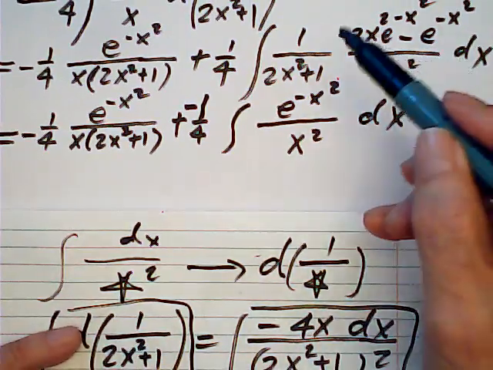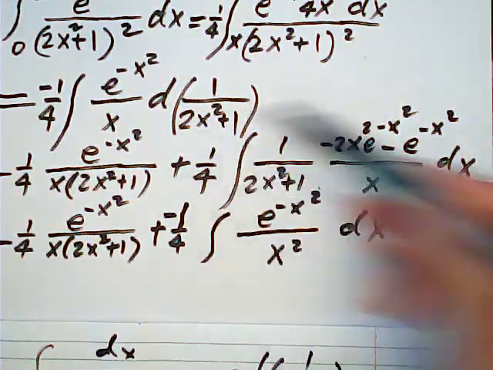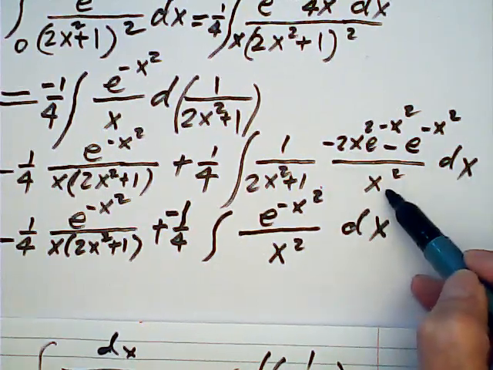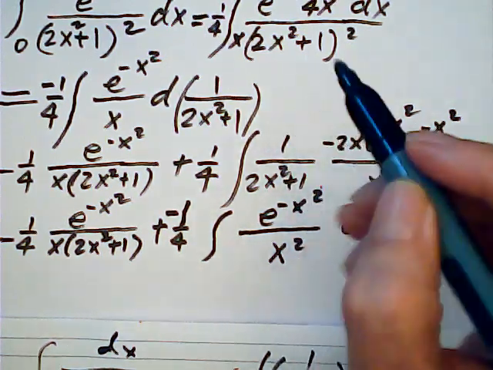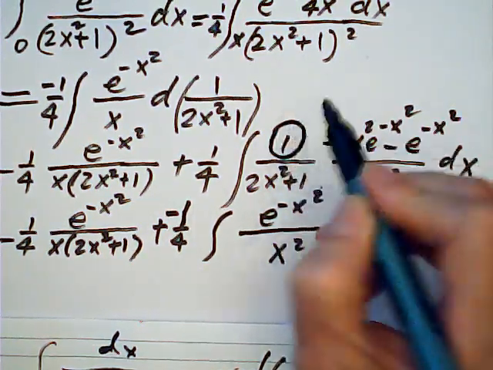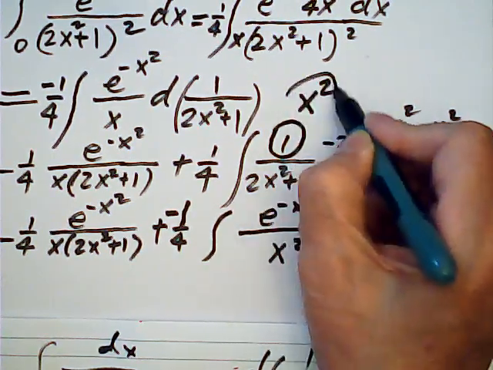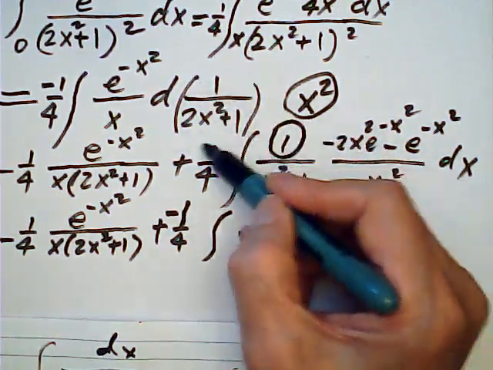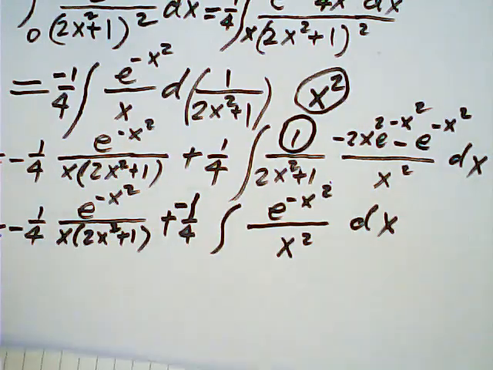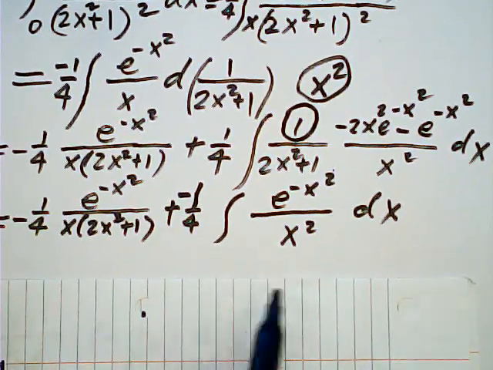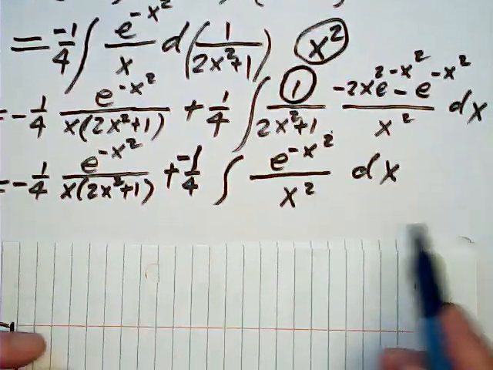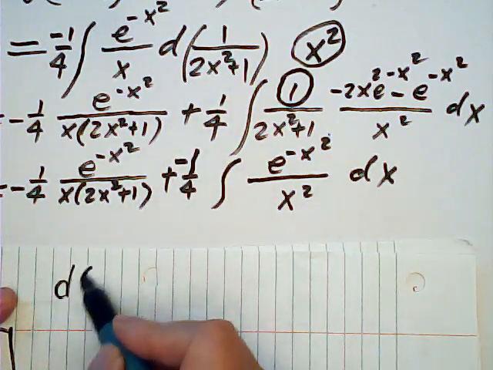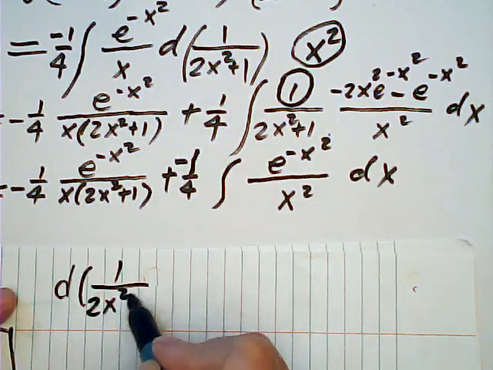Now, this is my v. This is my du. Now, du has x squared here. If I have x squared there, then the problem is solved. Do you understand? Let me write something. That's the very key of the question. I have this, d of 2x squared plus 1.